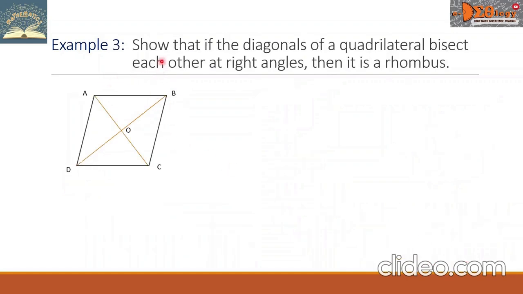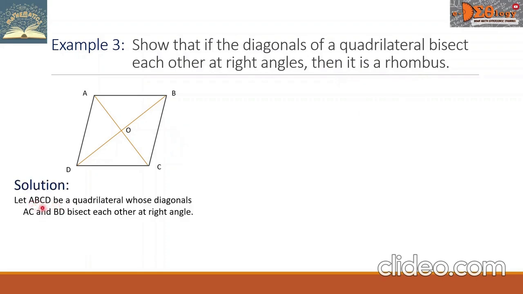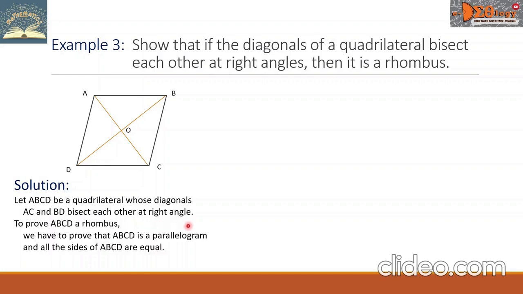Example 3. Show that if the diagonals of a quadrilateral bisect each other at right angles, then it is a rhombus. This is the figure. Let ABCD be a quadrilateral whose diagonals AC and BD bisect each other at right angles.